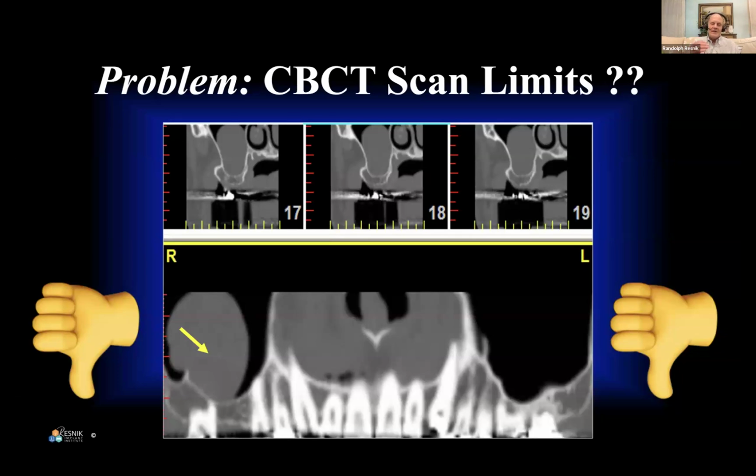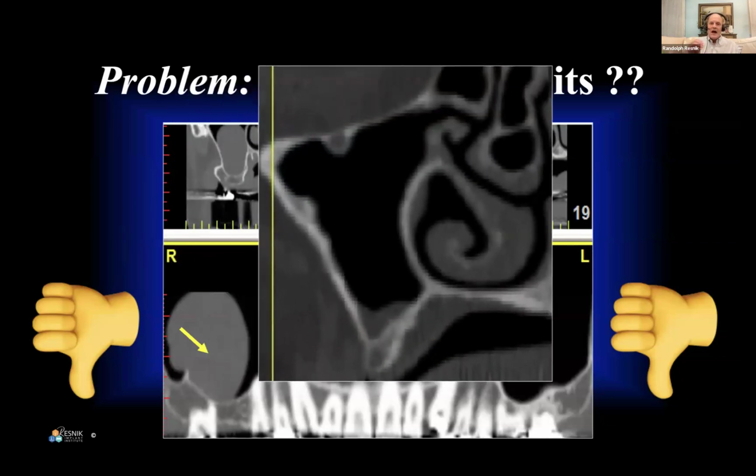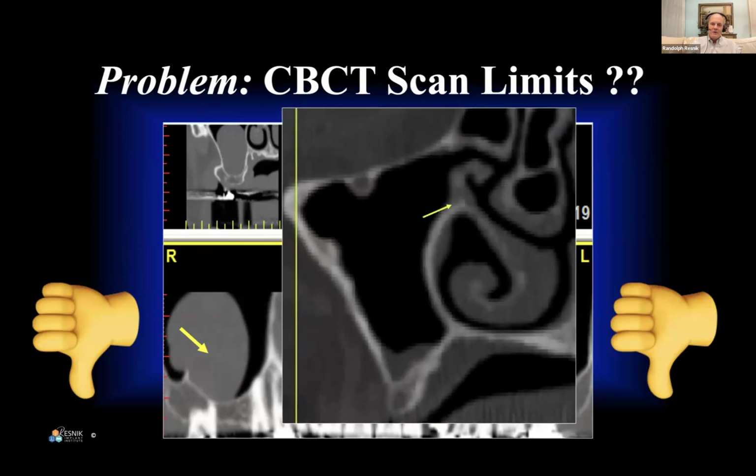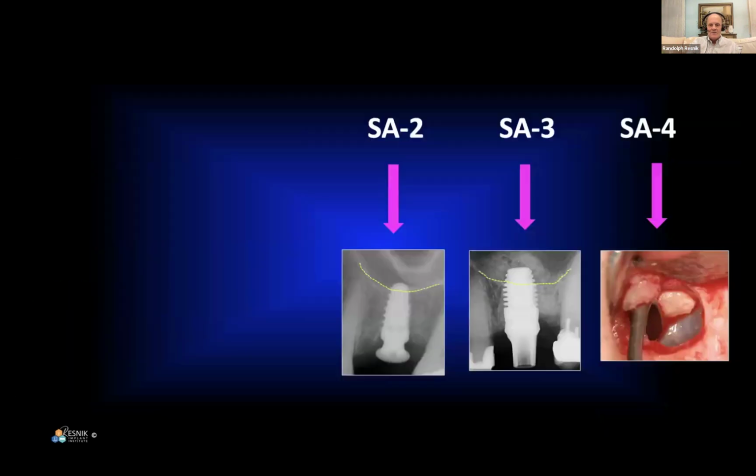However, the scan limits were not set high enough. And what's going to end up happening is you refer to the ENT, they're going to have to rescan the patient. Therefore, our goal is always to be able to see the ostium in cases where we're going to enter the sinus proper. Now, what are those procedures?